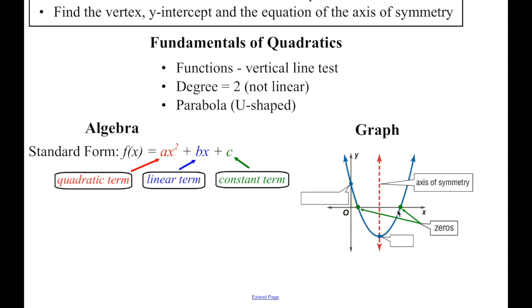We're not going to talk a lot about that in this lesson, but just remember where it crosses the x-axis, those are called zeros. Where it crosses the y-axis, we keep that as the y-intercept. That does not have any new unique name. It's the y-intercept, just like you're used to with linear equations. And then this point right here at the bottom, at the apex of your parabola, that is called the vertex. Now that vertex could be at the bottom, or if it opens the other way where it opens down, that's still called the vertex. Okay, and that vertex is going to be a maximum or a minimum point.